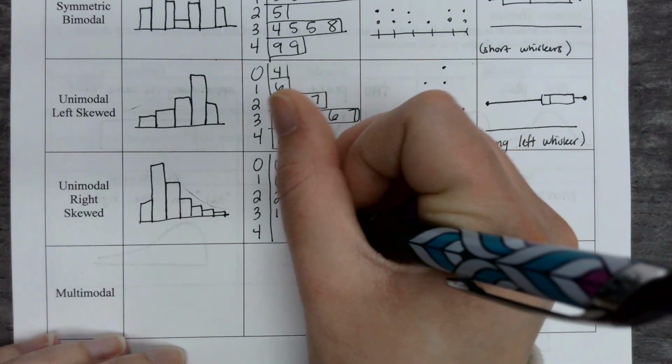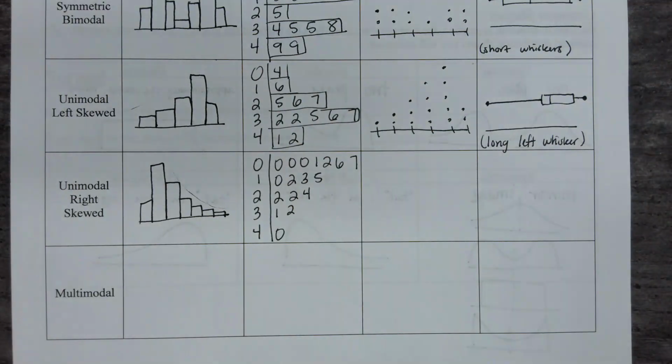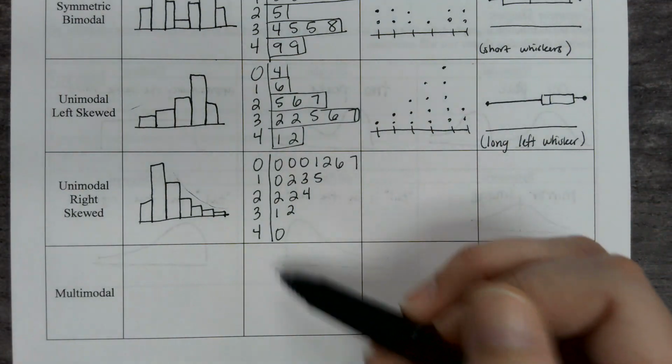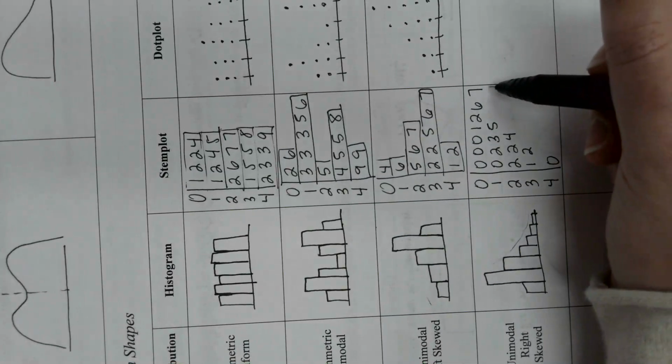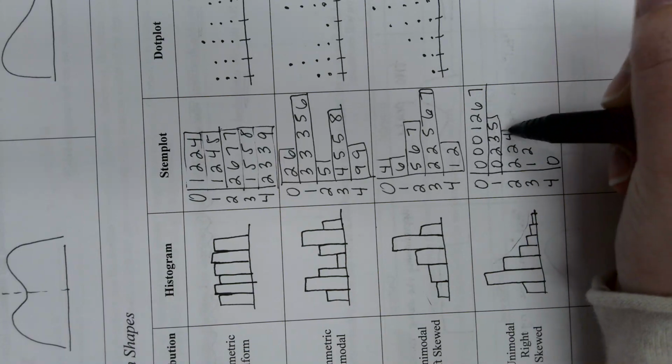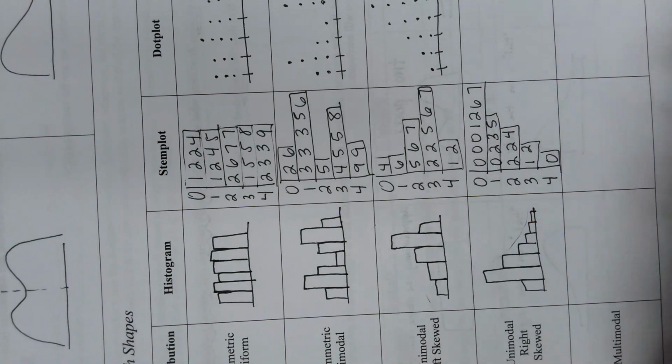Maybe we have a 31 and 32 in there, and then we have like a 40. So this would be a right skewed distribution here. And you can turn your paper off to the side. You can draw your little boxes to make your histogram if you want to do that. And you can see that we have that right skewed distribution there.